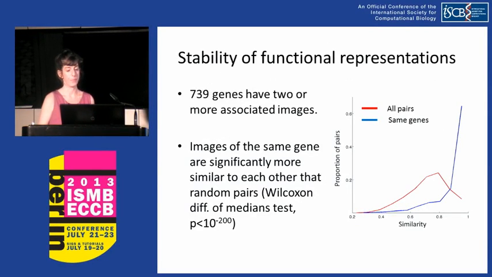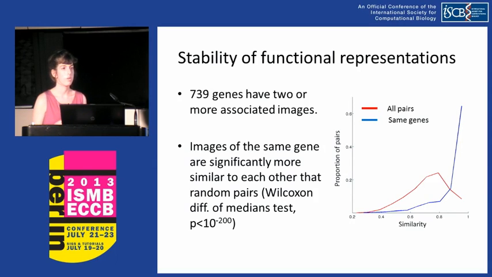Okay, so I showed before that brains for different individuals are different. And we wanted to try and assess the stability of our functional representations, so we wanted to check basically the amount of biological noise and technical noise in the data. Luckily, we had around 740 genes that were imaged more than once, so this allowed us to check just that.